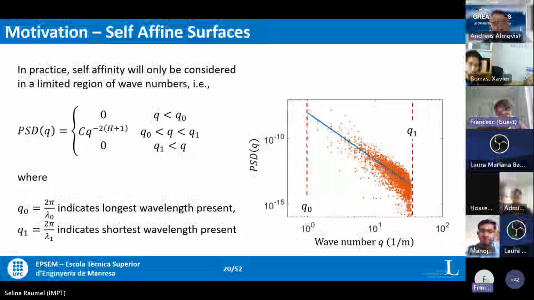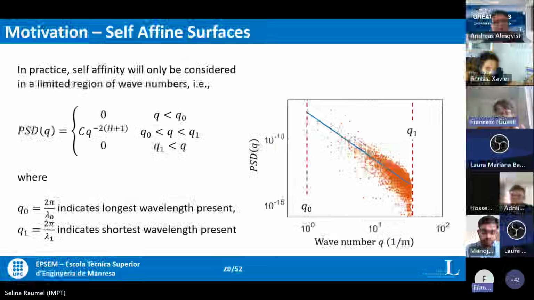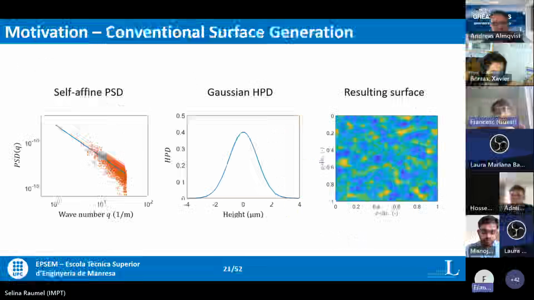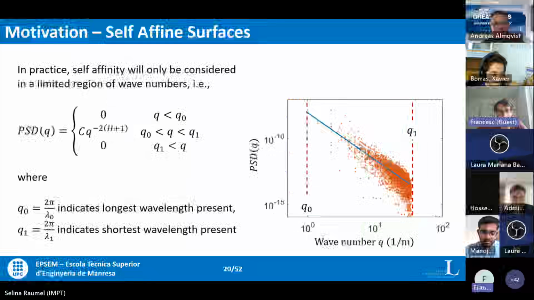And of course, in the previous, what was being plotted was more related to a profile. Here we will discuss surfaces, and in surfaces we define the power spectrum in exactly the same manner. It's just that now the wave number goes in x and y direction, and basically this plot is showing exactly the same, just that it's a bit more complicated to see.